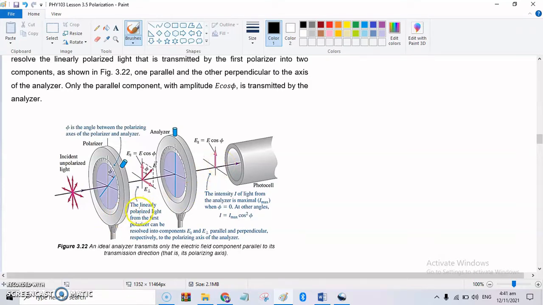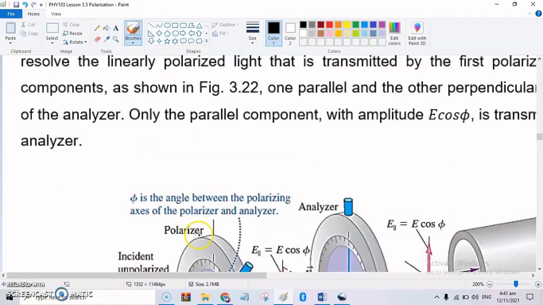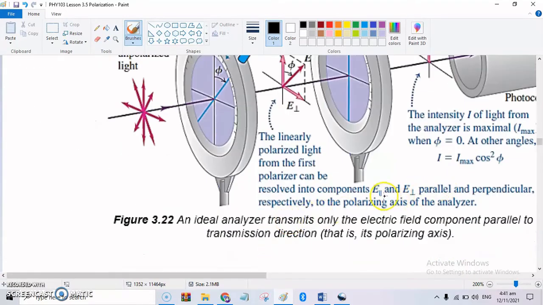So, let me explain this again. The linearly polarized light from the first polarizer can be resolved in components E parallel and E perpendicular. Double line, let me zoom it. The double line stands for parallel and that inverted T stands for perpendicular.